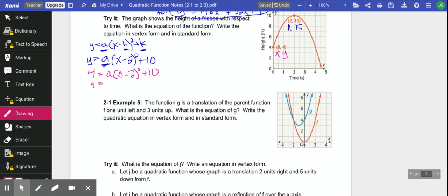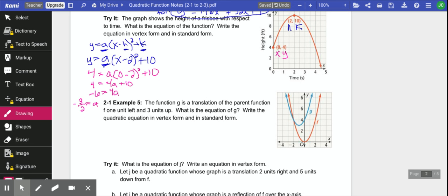So here in parentheses, 0 minus 2, that's negative 2, and negative 2 squared is 4. So we have 4a plus 10. I'm going to subtract 10 from both sides, and then divide by 4. So a turns out to be negative 3 halves.